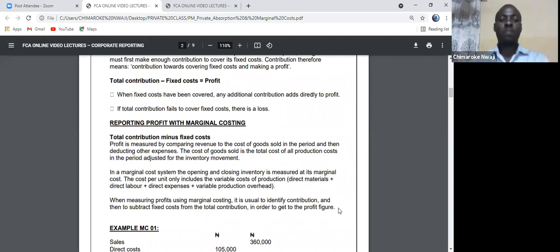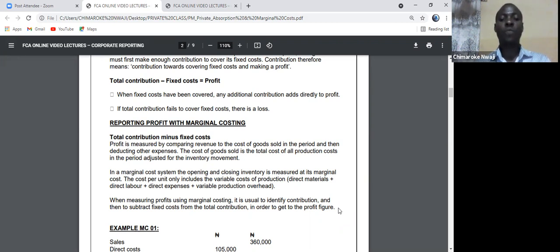Now, profit is measured by comparing revenue. Normally you have your revenue and cost of goods sold in the period. So your revenue minus your cost of sales, that will give you your gross profits.